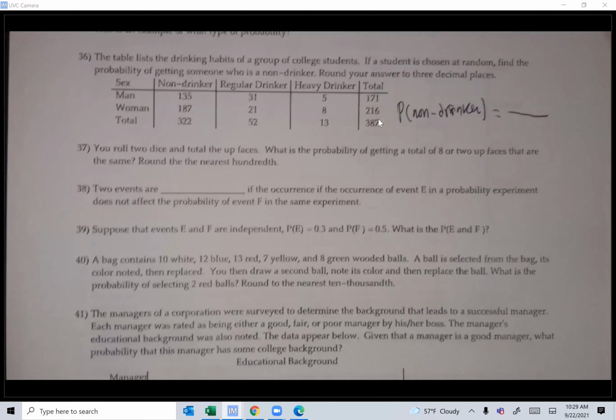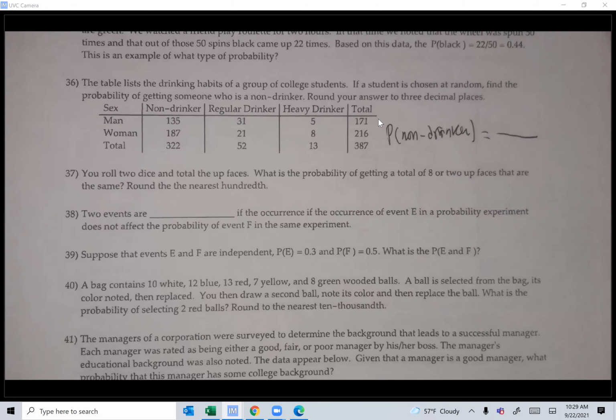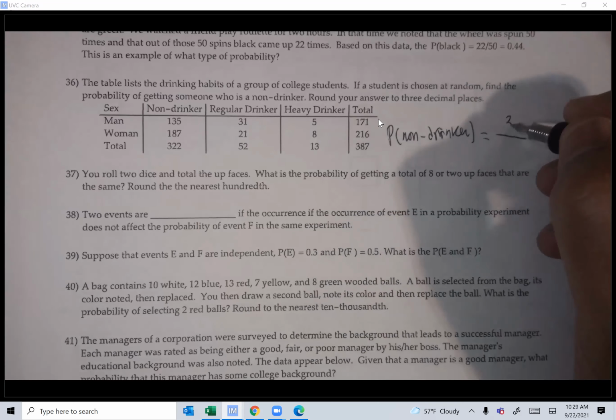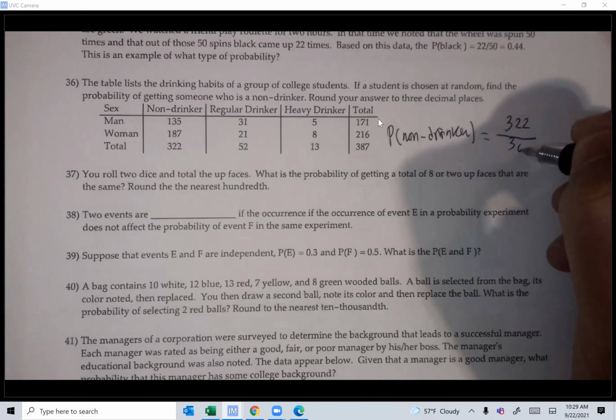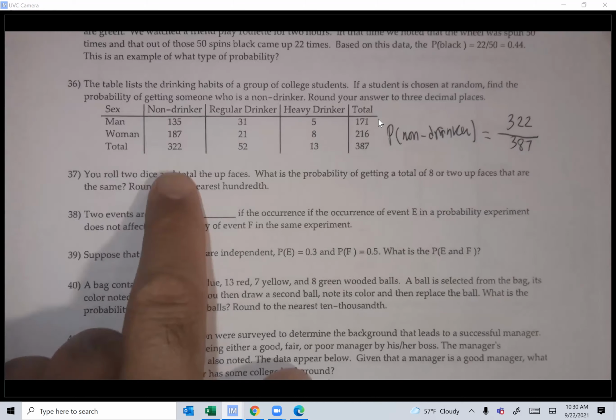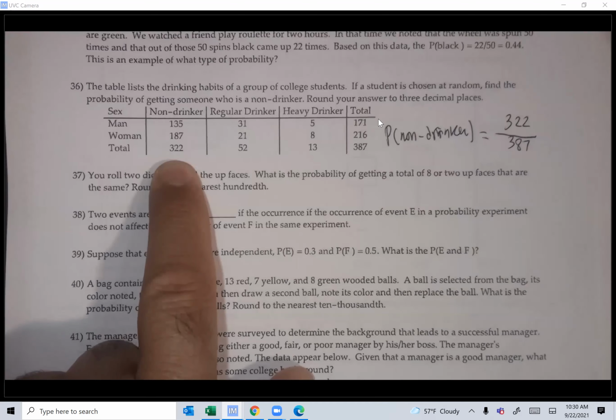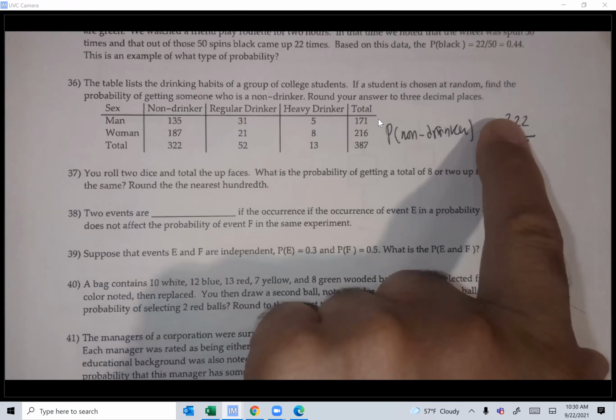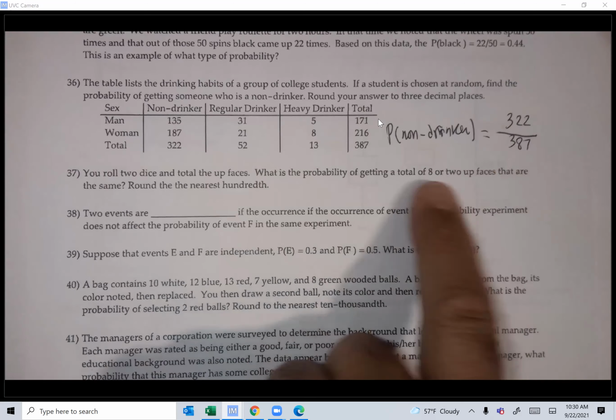What would be the probability of getting a non-drinker? 322 out of 387. You got it. Any questions about this, guys? You go to the total of non-drinkers. These are the ones that work in our favor. 322 divided by the grand total.